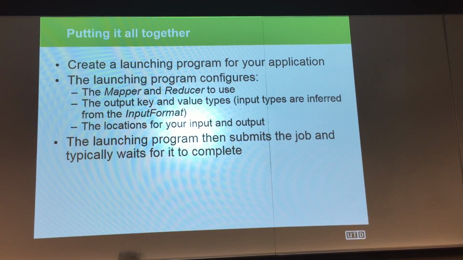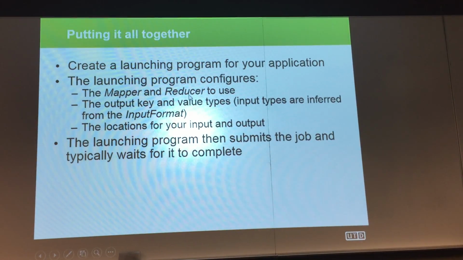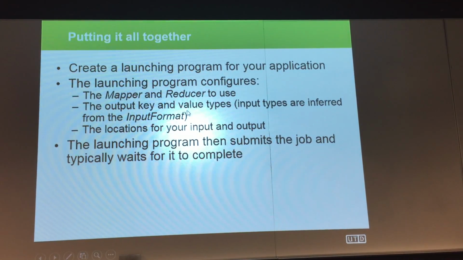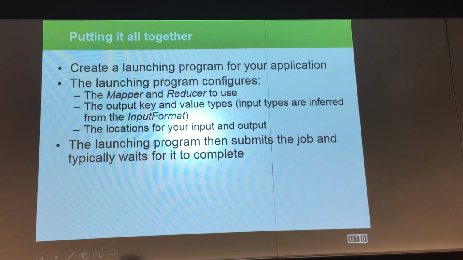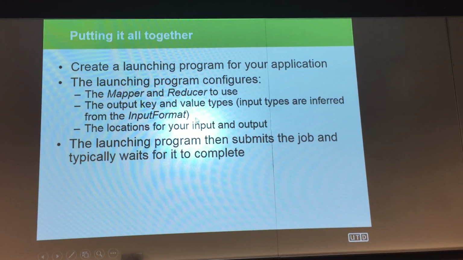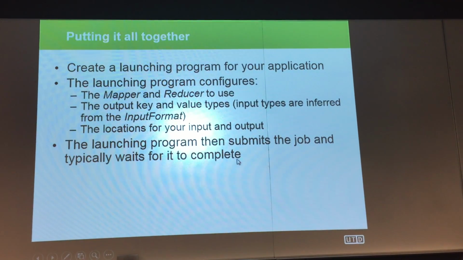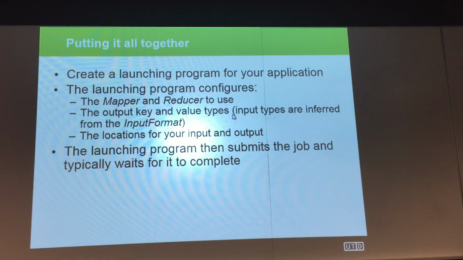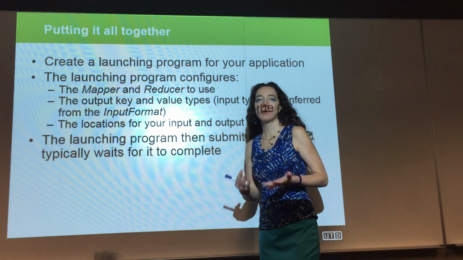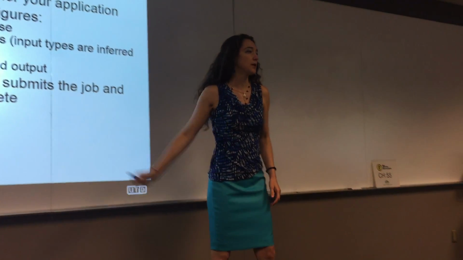So what we're doing is creating and launching a program for our application. When we launch this program, it will configure a mapper and a reducer that we're going to use, and the output key and value types. It will infer those from the input format. Once this program is launched, it submits it as a job. And these are batch jobs, so the first one came, the next one, the next one, they're queued, and they're done one by one.